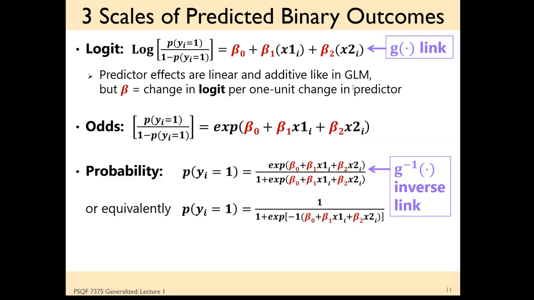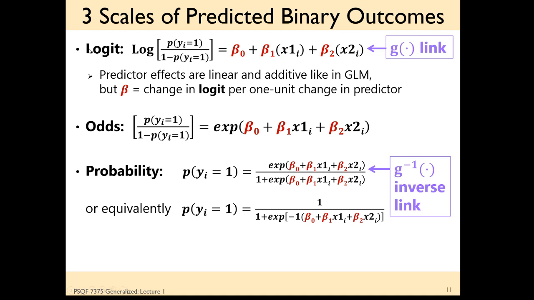Now, what does the model look like? Because you can express the predicted outcome in 3 different scales, logit, odds, or probability, the model looks different. And this is one of those things that makes this much harder than it needs to be because different people in different fields will pick one of these 3 and talk about it that way without a connection to the others.